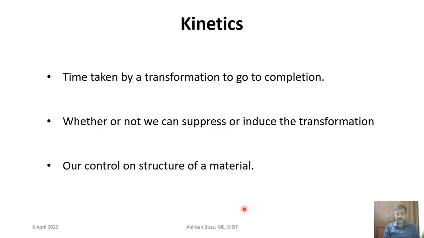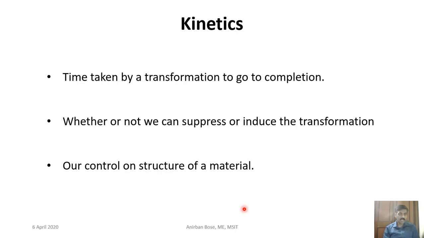So in the equilibrium phase diagram that we have already covered, we have never seen time; temperature was there, composition was there. We have seen different kinds of transformation, like austenite is transformed into pearlite at the eutectoid composition at a particular eutectoid temperature, but how much time it will take for this transformation was not there.